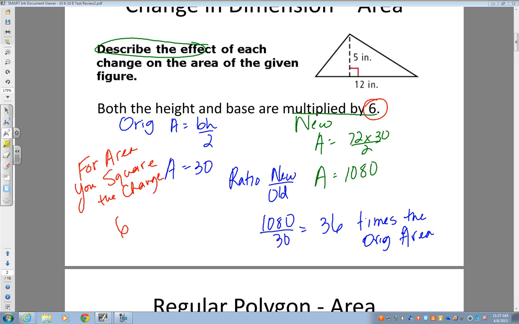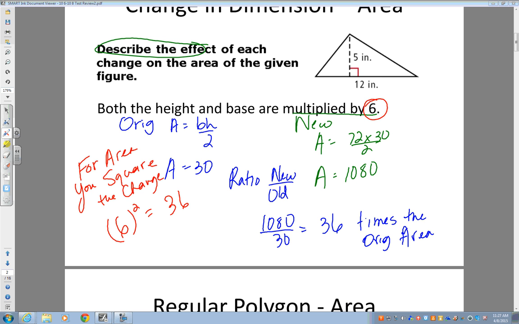So if you square 6, what is 6 squared? 36, and there's your answer. So that's a shortcut. If you memorize that, then that's less work. Just remember that fact. If you want to write that note down, put a star next to that to study that, that's up to you. Like everything dealing with area, that works. Yes, squaring it works.